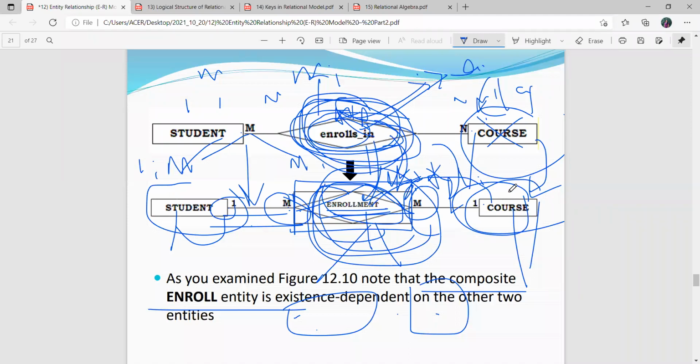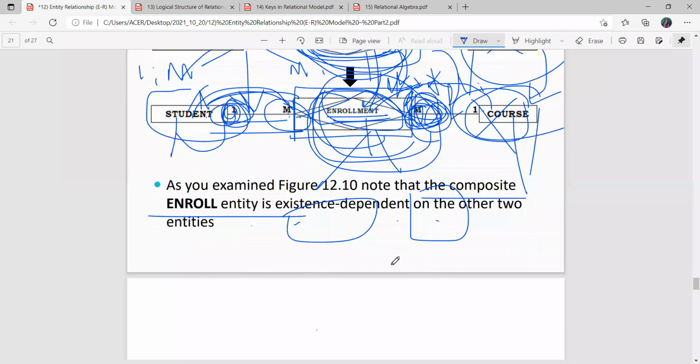You can see some courses without any students. So this course or class is optional for this, that means student is optional for this course. So we can denote it like this. This is the relationship, and at that time we denote it like this in this place.